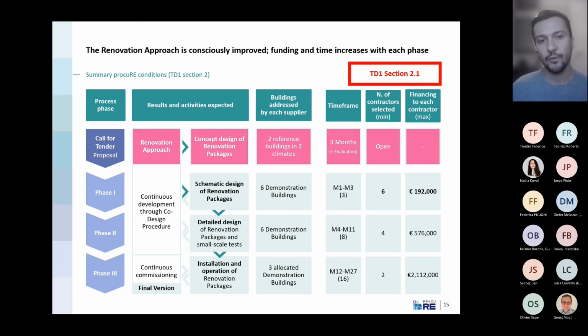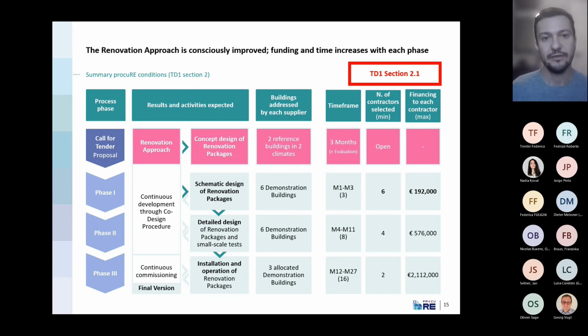And in phase 3, where we will really see these solutions that are proposed physically installed, there will be 2 actors or 2 suppliers that achieve that phase of the project.